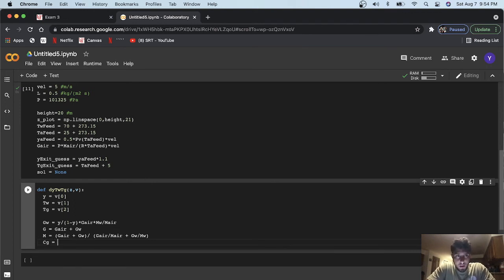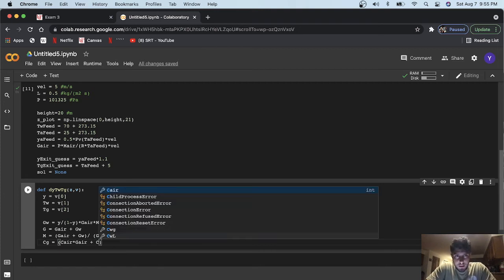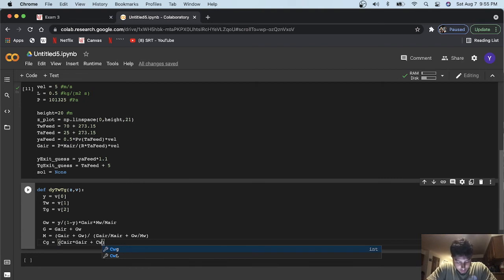So, the heat capacity of the gas, the equation for that is the heat capacity of the air multiplied by the gas flow rate of the air plus the heat capacity of the water in the gas phase multiplied by the gas flow rate of the water divided by the total gas flow rate.